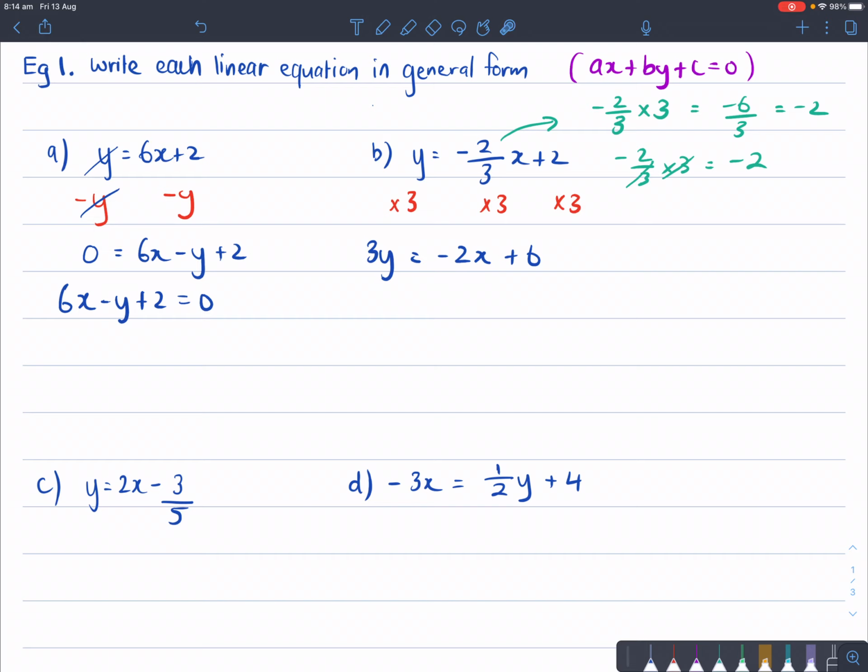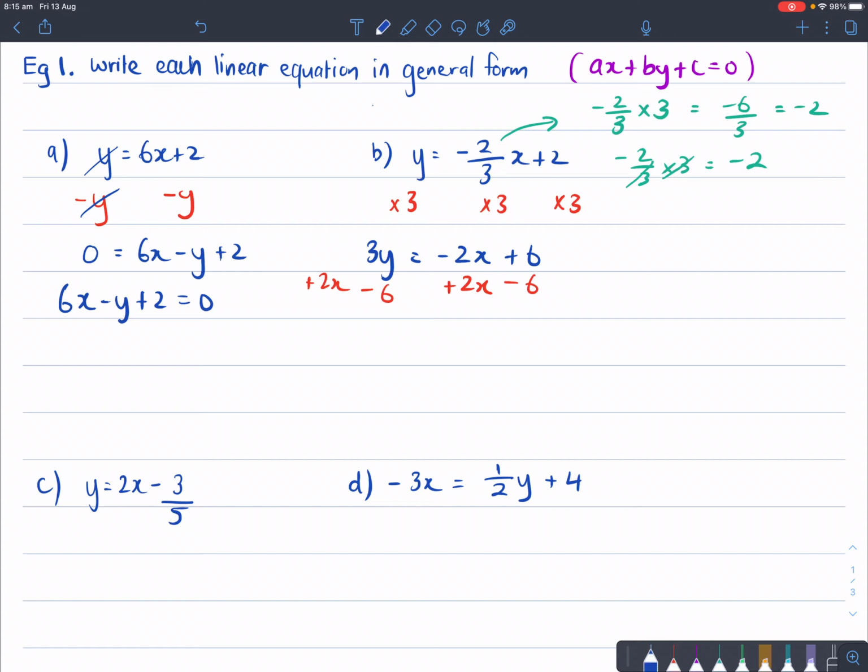Now remember what I said before, the coefficient of x is still negative. So we still have to move this term to the other side to make it positive. But we should do that to both these terms. If I add 2x to this side, I have to add 2x to the other side. I also have to subtract 6 from this side, and then subtract 6 from that side.